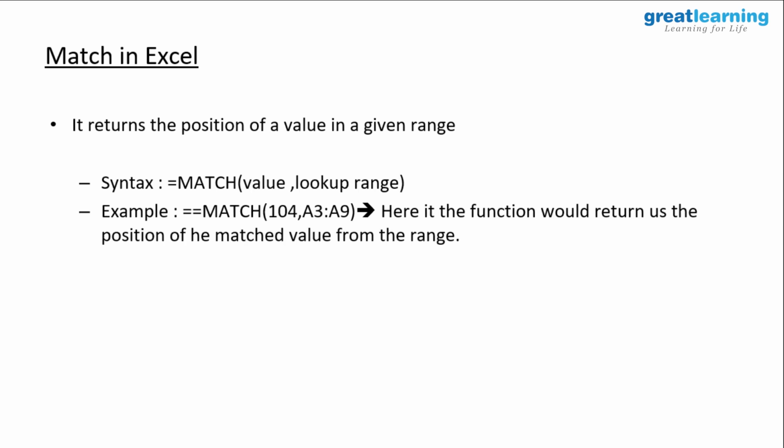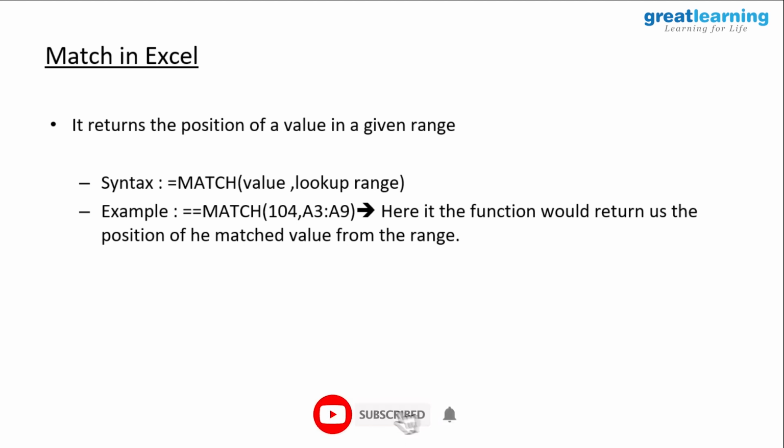Hi, now let's try to see how the match function works in Excel. The match function basically returns us the position of a value from a particular range. So we give a value as the first argument in the match function, and then try to look up that particular value in a certain range which we provide. Say, for example, we have very big finance data and there is one particular entry which we are looking for.